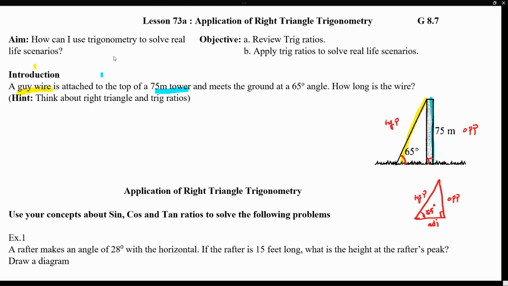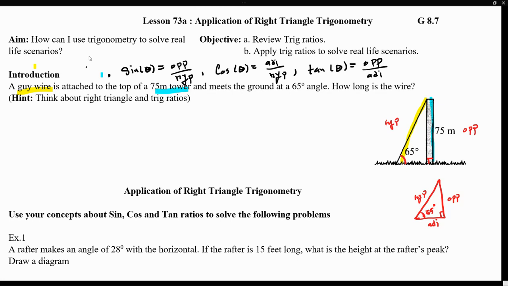So now let's think about the different tools that we discussed in our previous class. We know that the sine of an angle is equivalent to opposite over hypotenuse. We also know that the cosine of an angle is equivalent to the adjacent over the hypotenuse, and the tangent of an angle is equivalent to the opposite over the adjacent. So now let's think about this for a second.